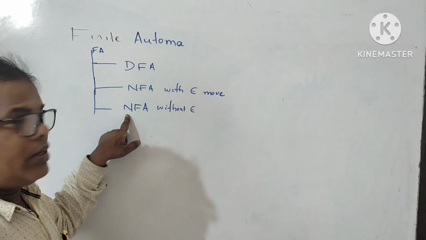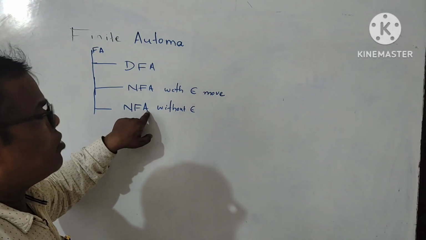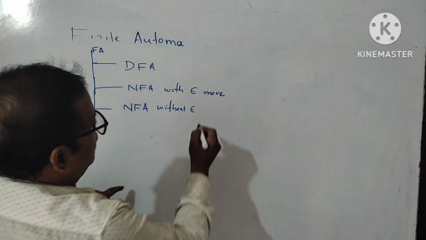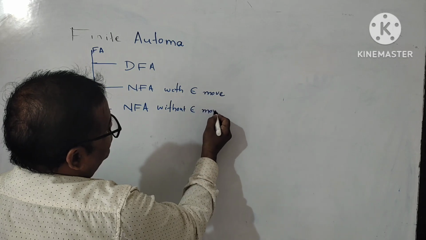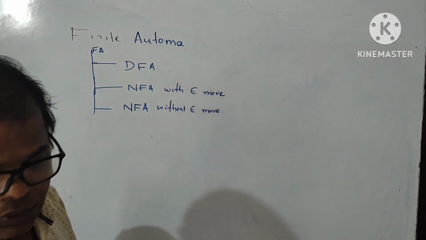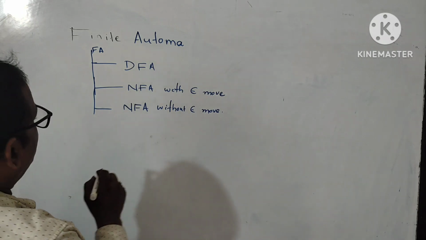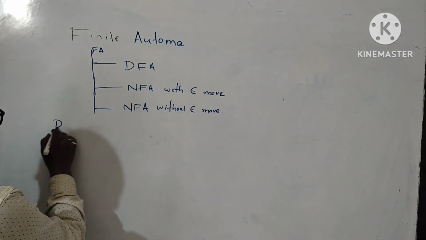Another family, non-deterministic finite automata without epsilon. Now let us go into detail of that.